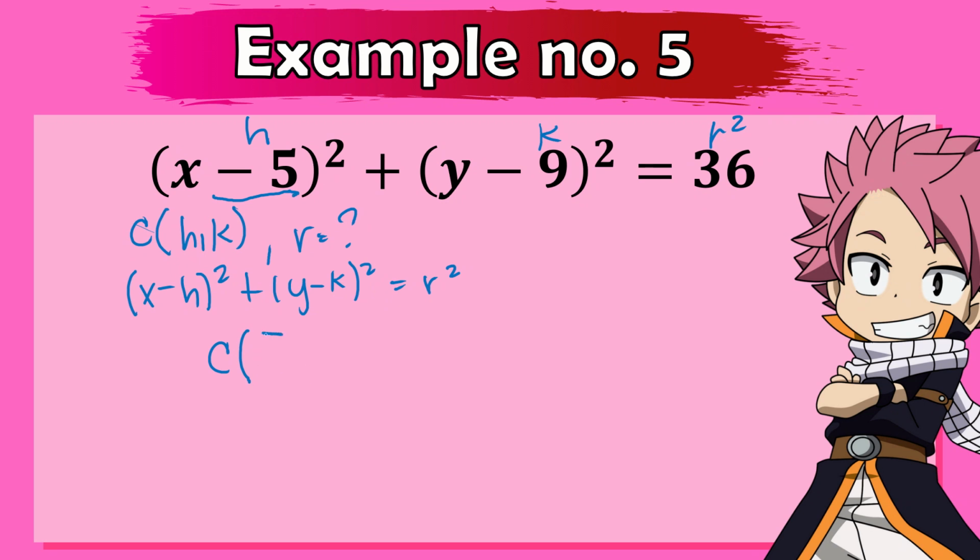So h is 5, and k here is negative 9, so reversing the sign of negative 9, that is positive 9.